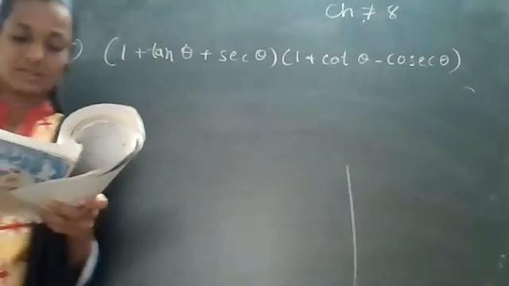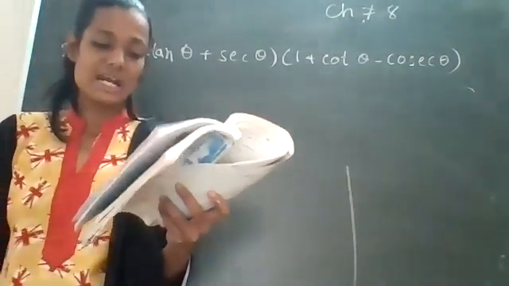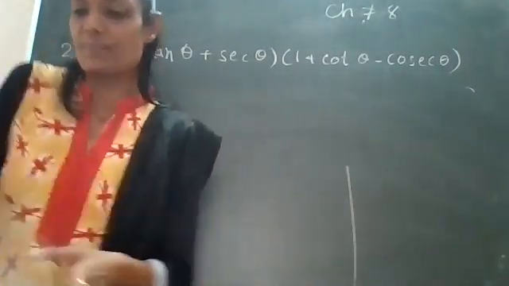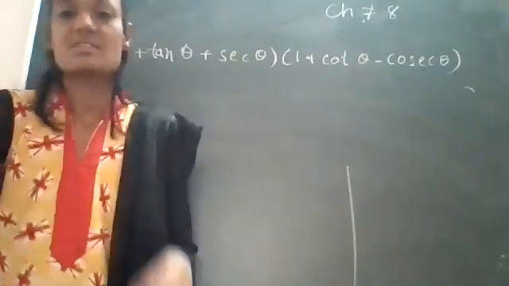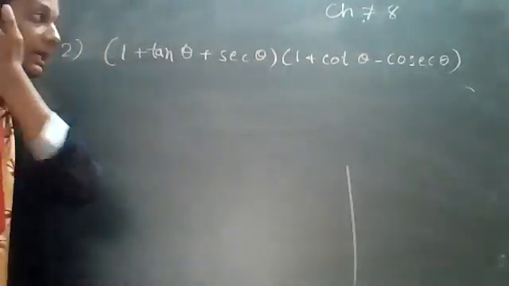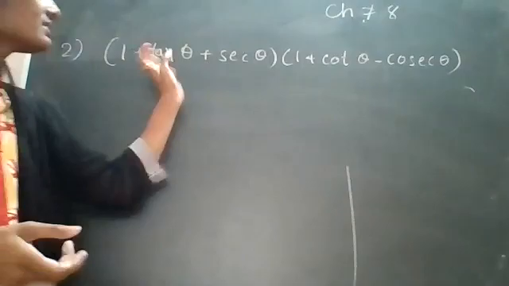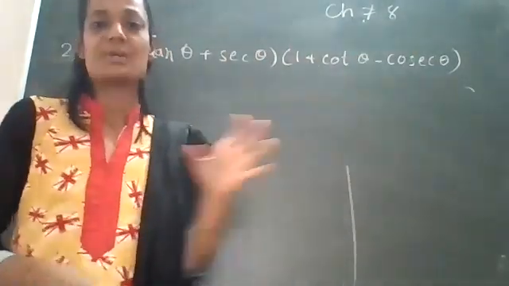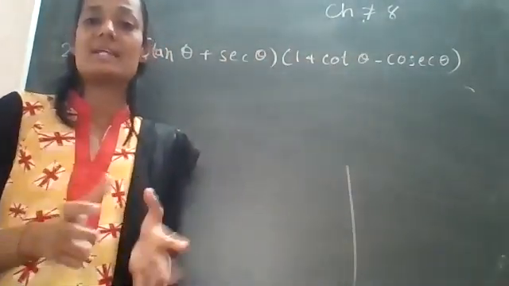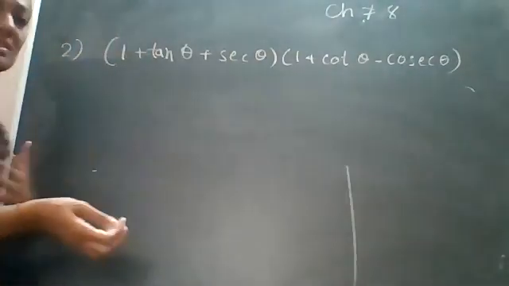Tan and sec are given, and cot and cosec are given. So we just simplify both of them. Simplify means what? Tan, sec, cot and cosec are there, so let's convert into sin and cos. That is called simplification.